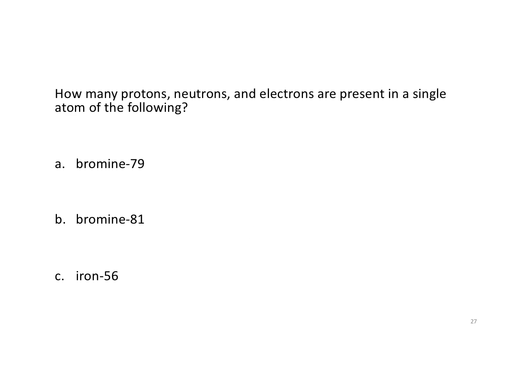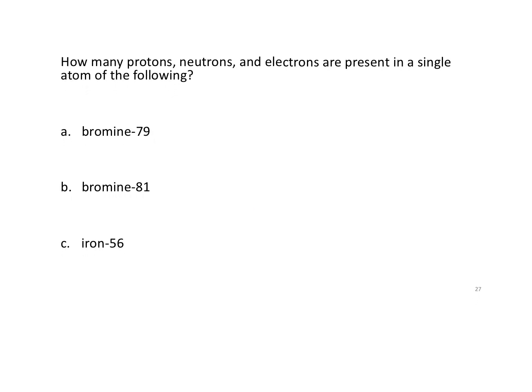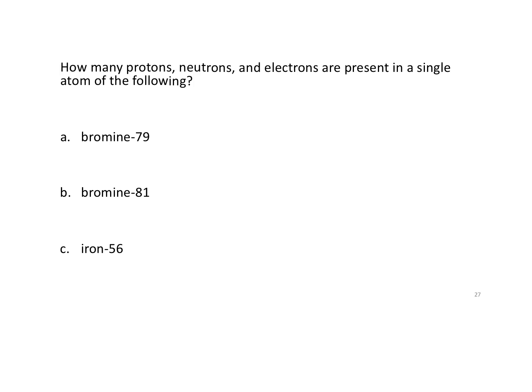So a good example is how many protons, neutrons, and electrons are present in a single atom of the following. So we have bromine 79 here. When we think about bromine 79, we need to figure out the number of protons.